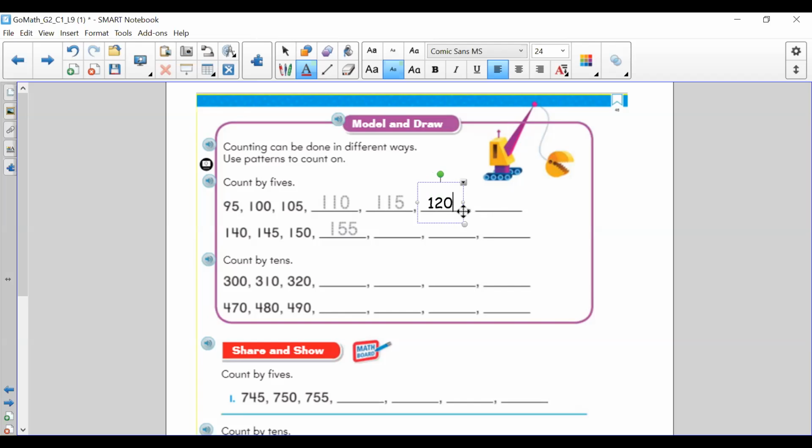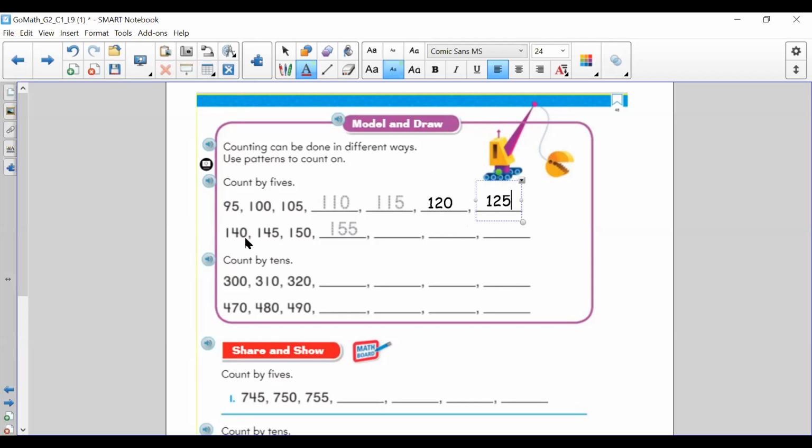That's right, and after 20. And remember, this is just like counting 5, 10, 15, 20. What would come after 20? Well, it would be 25, but we have 100. So instead of just 25, it's going to be 125. On the next line, we start with 140.